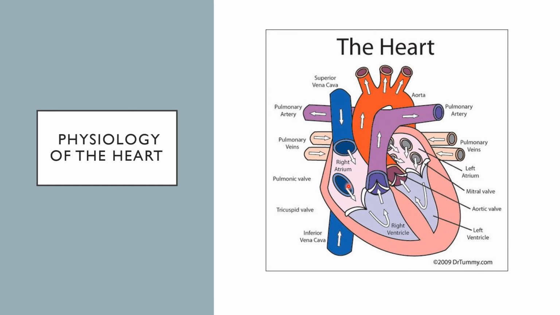From there, the blood will go through the tricuspid valve and into the right ventricle. When the right ventricle contracts, the blood will be ejected through the pulmonary valve, and the blood will go to each lung.